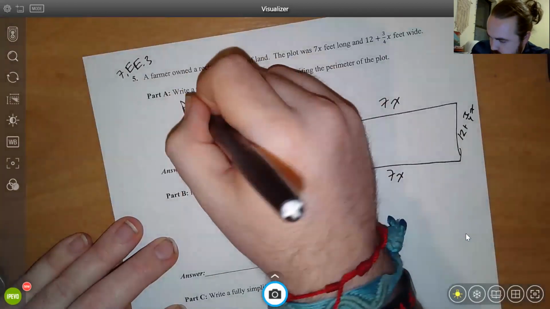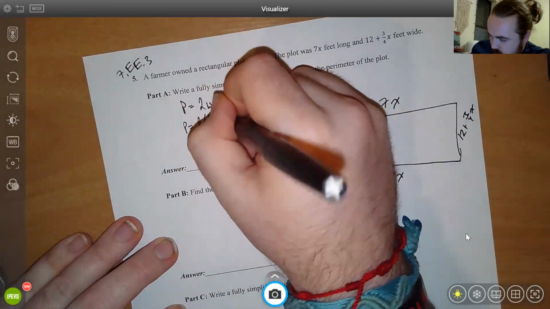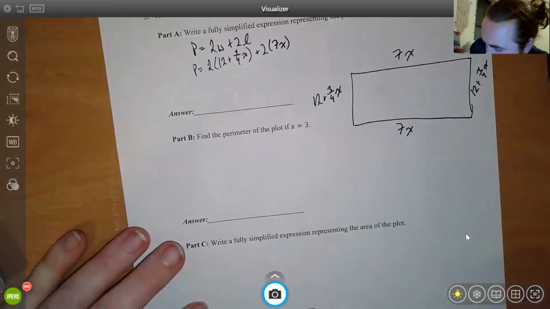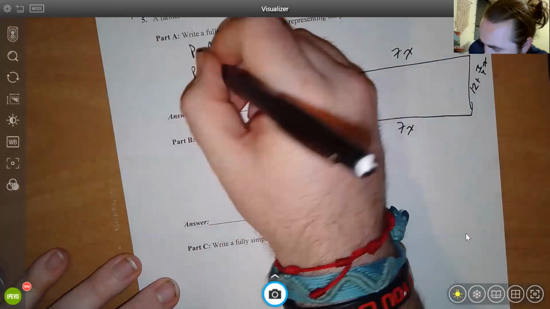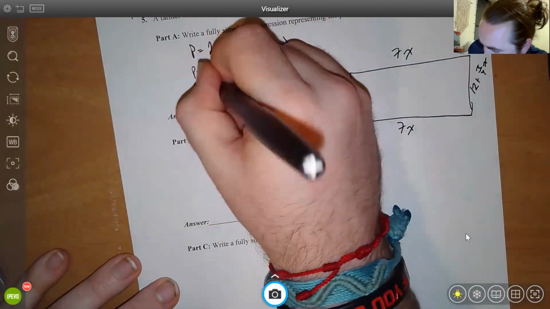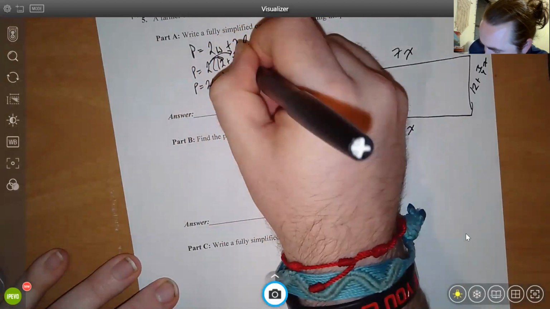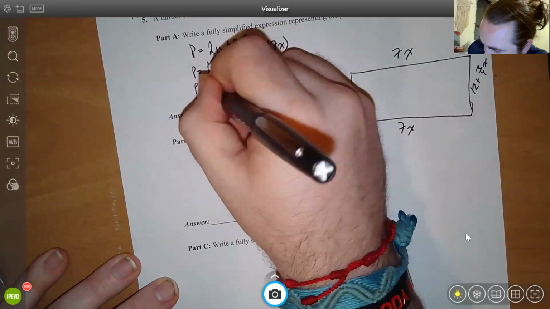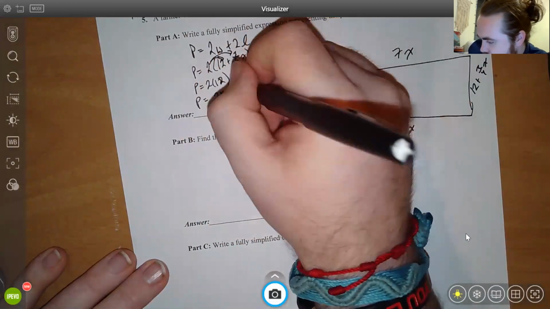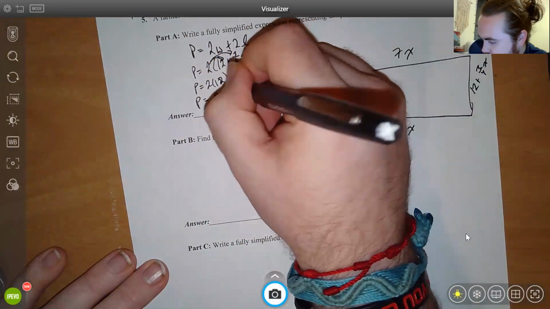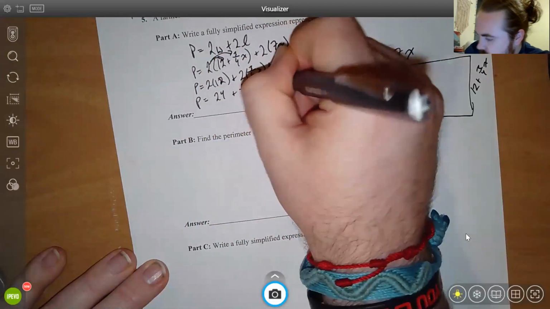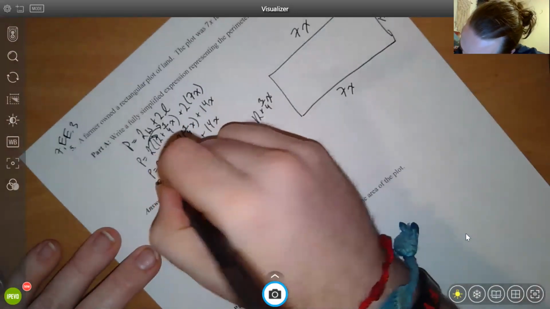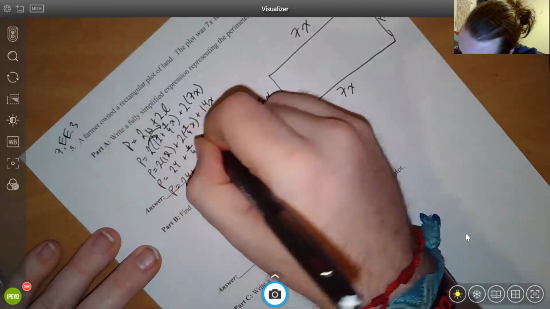That's 2 times (12 plus 3/4 x) plus 2 times 7x, which would be distributing: 2 times 12, 2 times 3/4 x, plus 14x. 24 plus, now 2 times 3 is 6/4 x, plus 14x, which would be 24 plus 1.5x plus 14x.